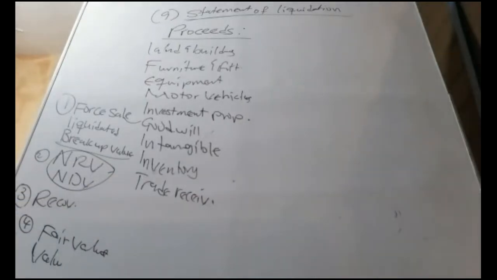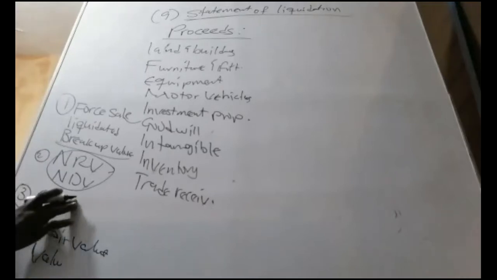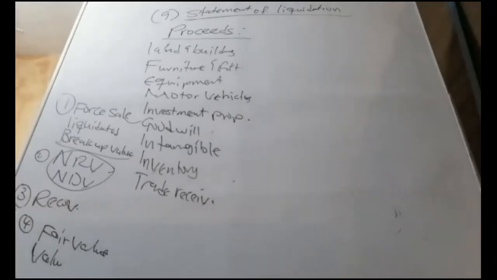If it's not there, they do the realizable value before you come to the recoverable amount, and then finally the fair value. So that is it. Now let's write the currency there, and then you go to the footnote. All of this will be in the footnote. So you go to the footnote, and then you pick them up. Then you are done.